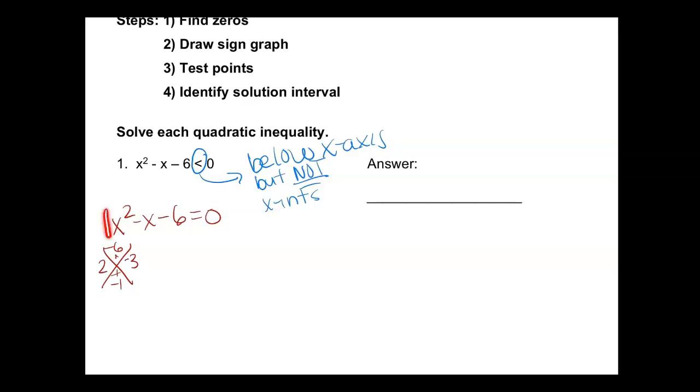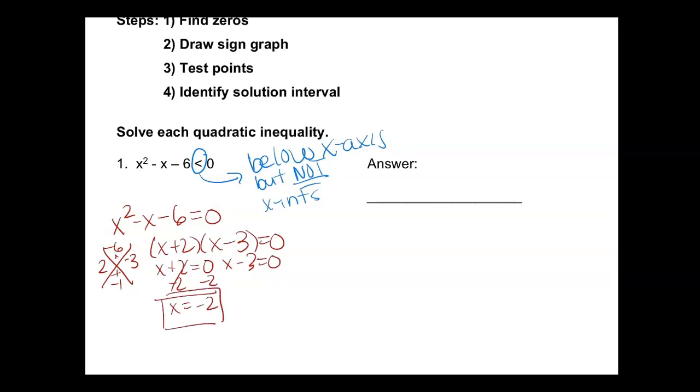Since your leading coefficient is a positive 1, we're going to write our binomials as x plus 2 and x minus 3, and we're going to set that equal to 0. In order to find your zeros, we need to make it an actual equal sign to 0. So by the zero product property, we set each of the binomials equal to 0, and we're going to solve.